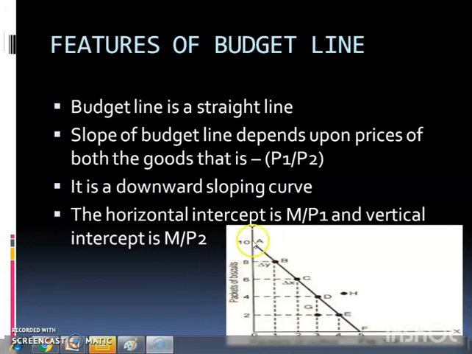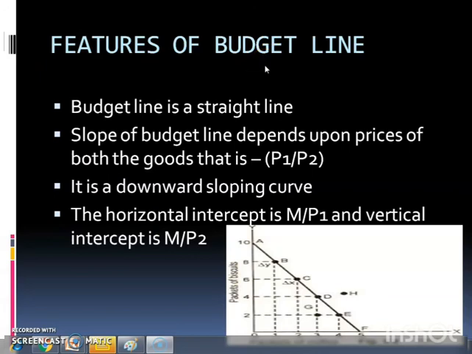And this is the vertical intercept. It indicates that the consumer spent his entire income on good 2. That is, the intercept is M by P2. Here M is the money income of the consumer. So these are the features of the budget line.